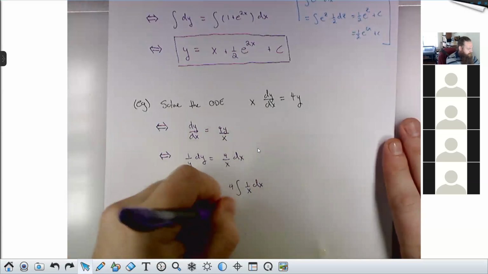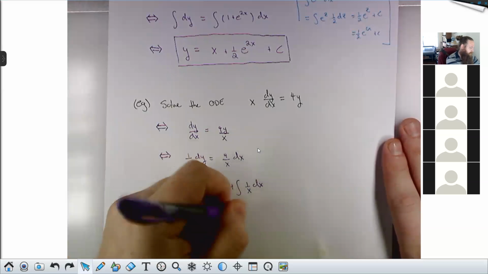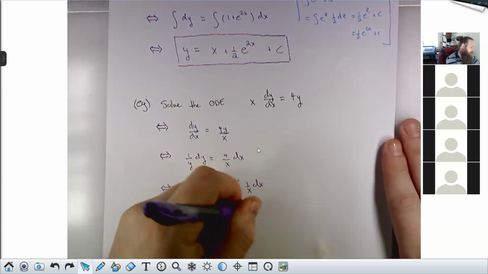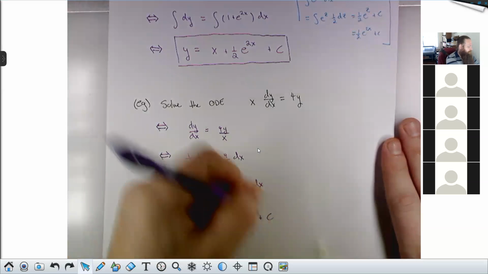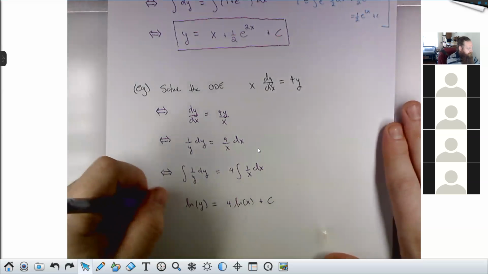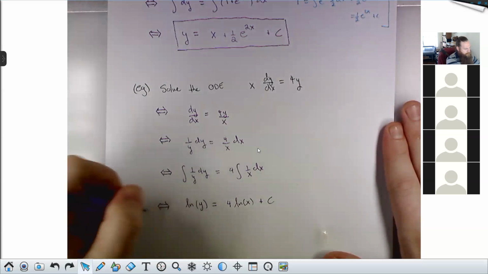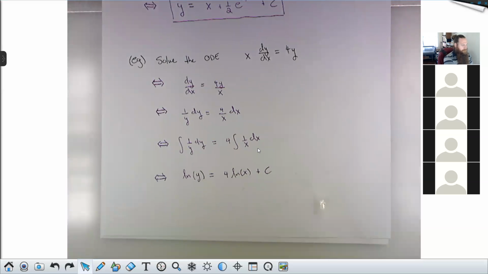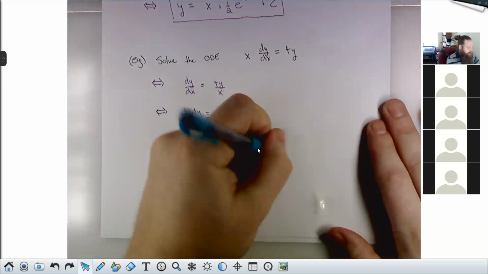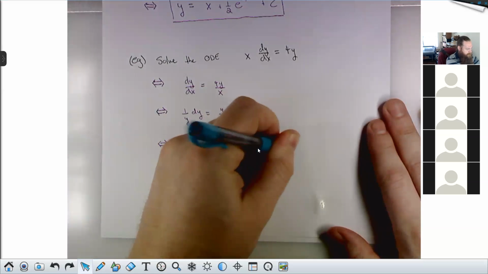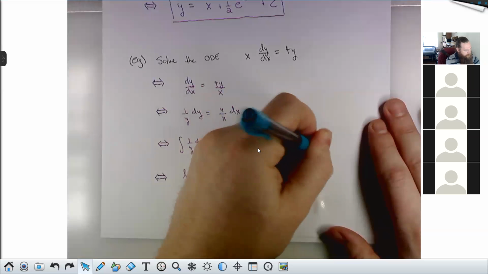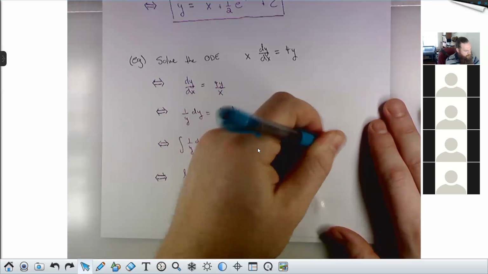And over here, the integral of 1 over x dx is also the natural log of x. So I'll just write it as ln x, assuming everything here is positive. Make a note of this. Assuming that both x and y are greater than 0.